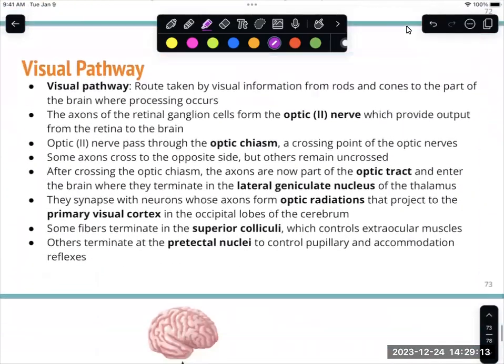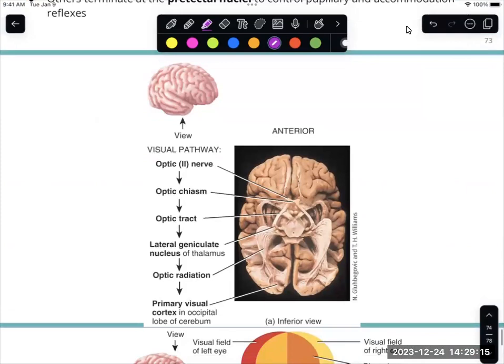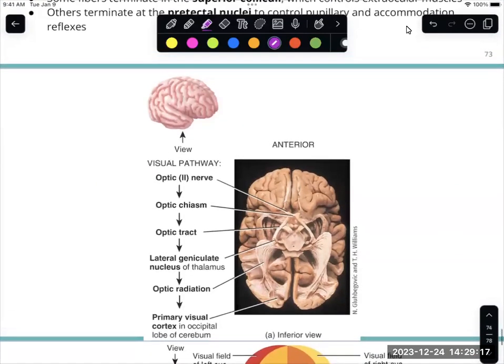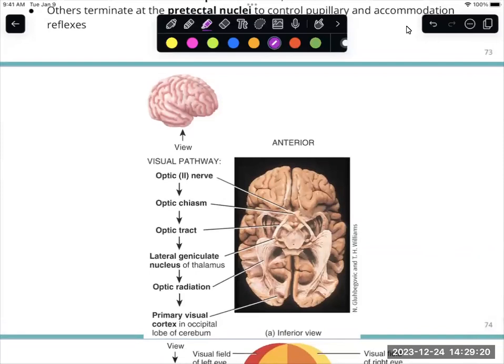So let's go through the visual pathway. Again, pictures. In this visual pathway, that optic nerve that's leaving the eye comes together with this optic chiasm. This optic chiasm here is this cross, where there will be some cross of fibers.